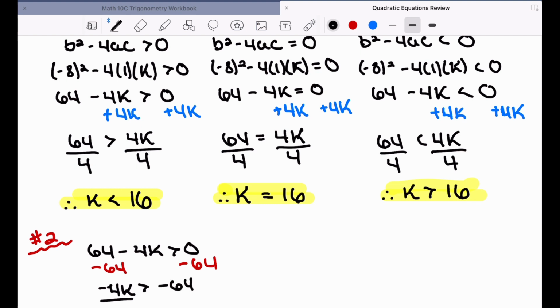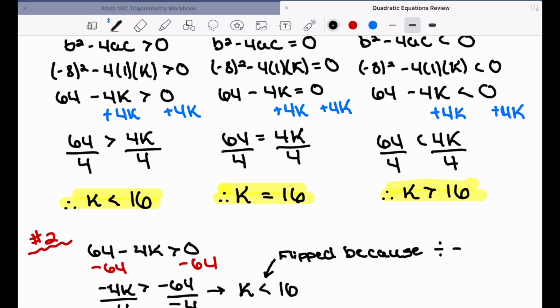If I divide by a negative value here, and I get a solution, I have to flip my inequality. So this now becomes k is less than 16. Anytime I divide by a negative, I'm going to have to flip the inequality, so I'm going to specifically note that. Flipped, because we divided by a negative value.